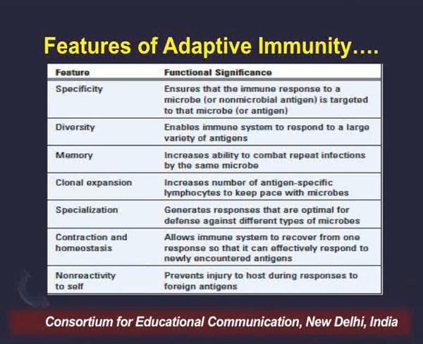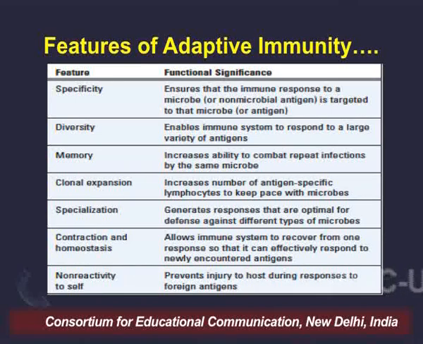Clonal expansion, because once the body senses the pathogen has entered, the adaptive immune system gets activated. These B and T lymphocytes differentiate and proliferate, thereby causing expansion in their population. Then specialization, because all these generate responses that are optimal for the defense against different types of microbes. So this is a kind of specialization.